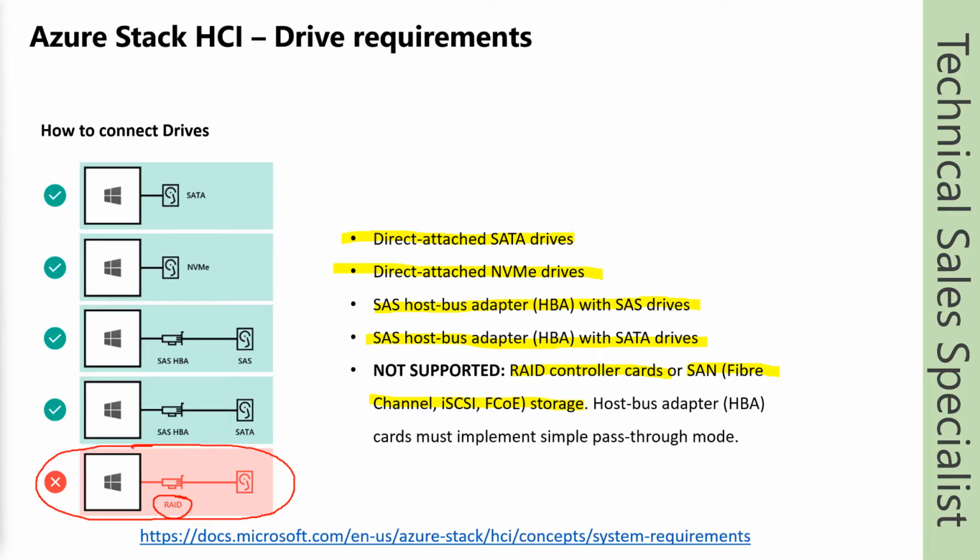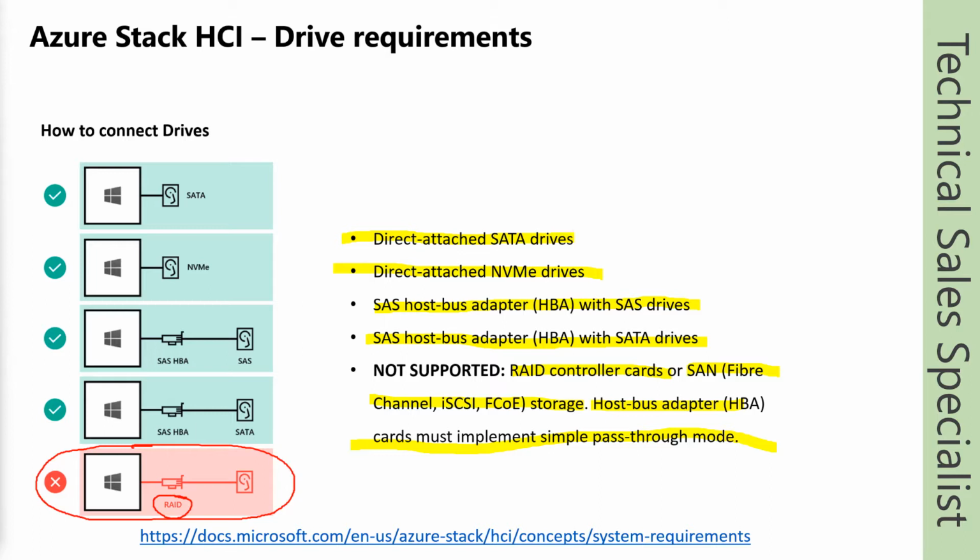When we're using host bus adapters, the cards must be implemented in simple pass-through mode. Some of these host bus adapters have additional logic, additional functionalities. The disks have to be simple pass-through to the operating system.